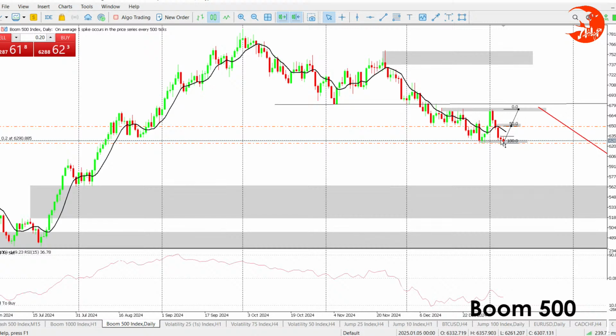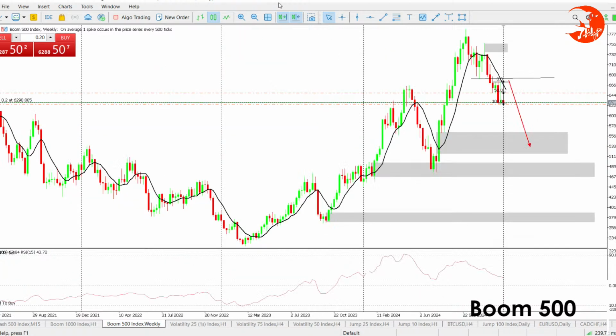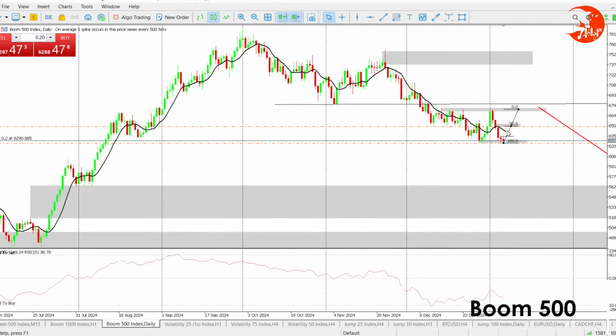We may see trades back and forth within here as a consolidation before we see continuation of the sells according to the weekly time frame, just like we want. So on this daily time frame, we may keep on seeing back and forth within this range until we have enough momentum to break through the resistance on this very support level.